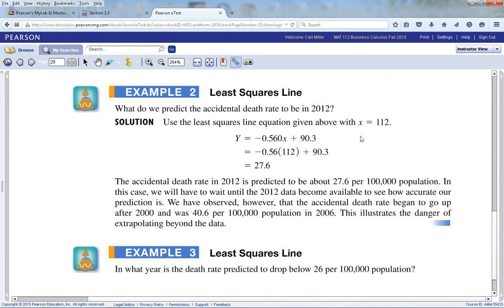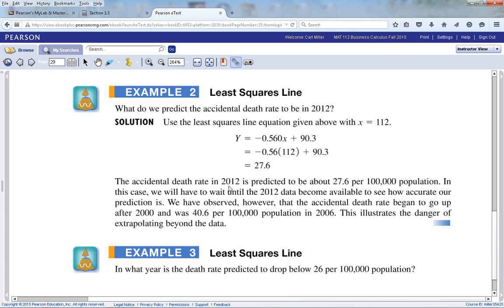So we're going to plug that 112 in for x into this least squares equation, or the equation of the line that we just found, and we get about 27.6. So we would predict that the accidental death rate in 2012 would be about 27.6 per 100,000 people in the U.S. population. Now we could go back and try to find out what the actual death rate was during that 2012 year.